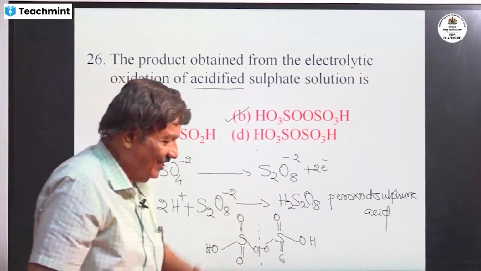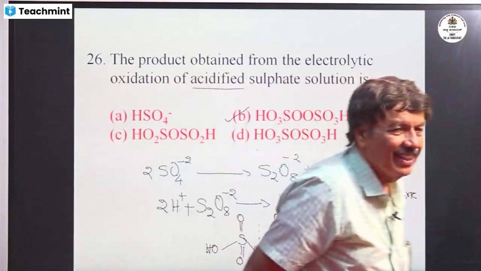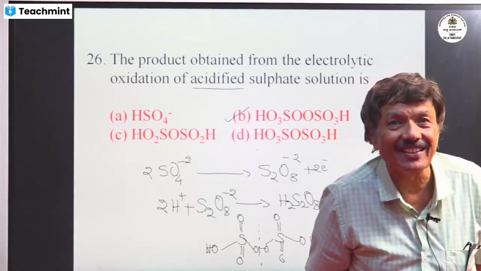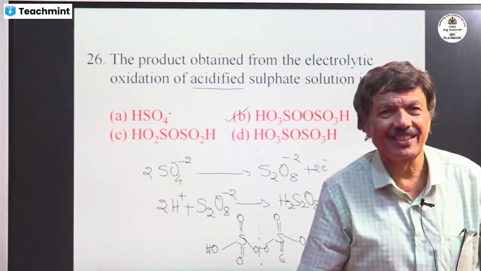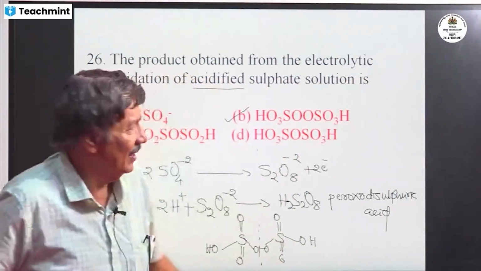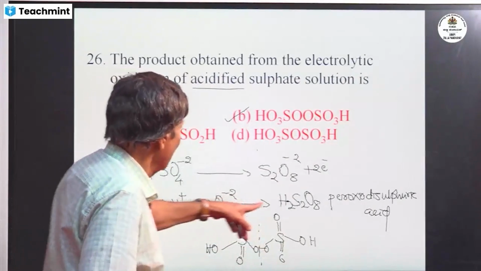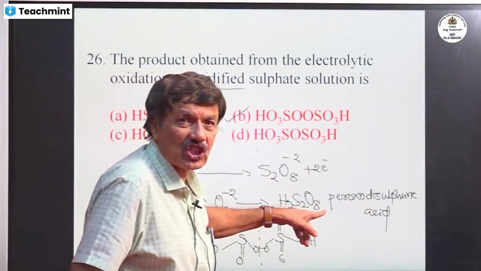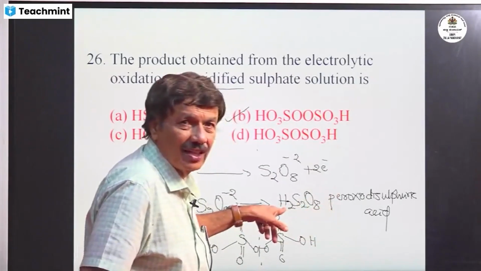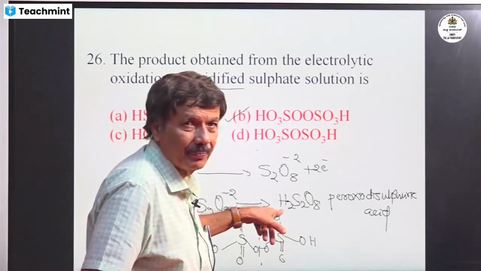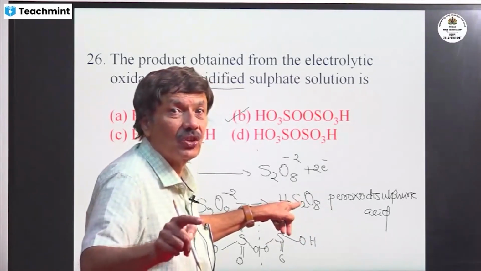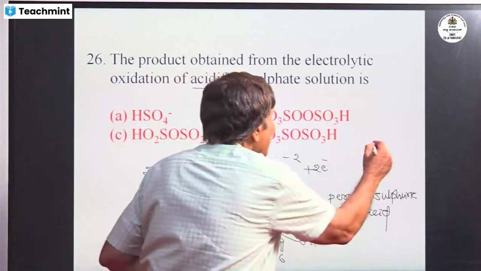This particular acid, they have asked many times to calculate the oxidation number. If you flatly calculate the oxidation number with this formula, each oxygen is -2, 8 gives -16, 2 hydrogens gone, -14. From 2 sulfur, +14. So 1 sulfur looks like +7.